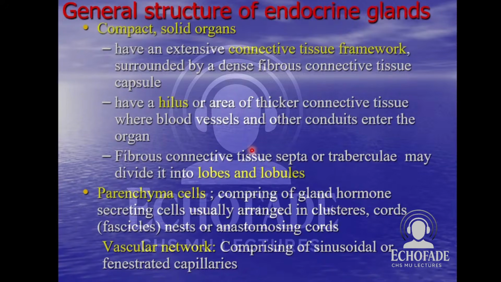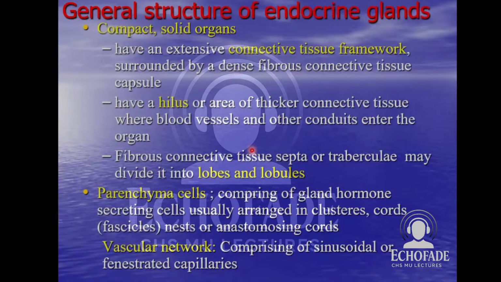Those cells secreting the hormone are usually arranged in clusters, clumps of cells, or sometimes in cords. A cord can be 2 layers of cells or 3 layers of cells, as long as each of those cells is close to a blood vessel.